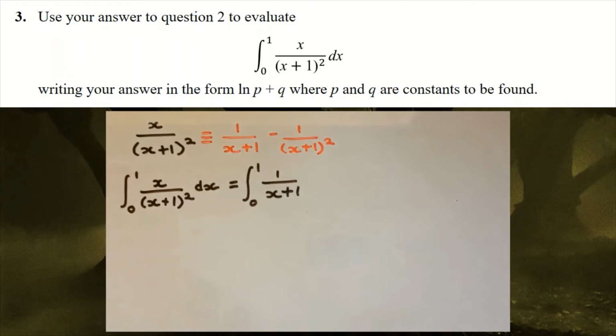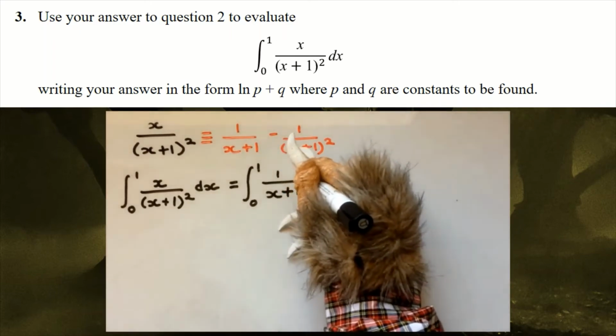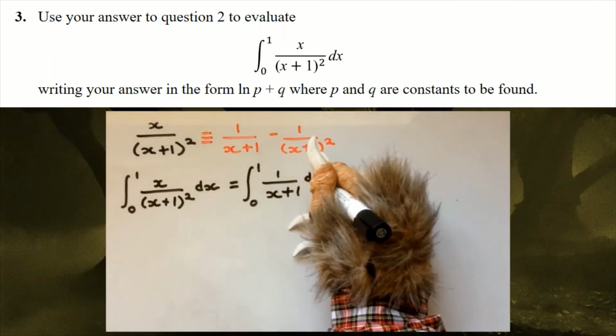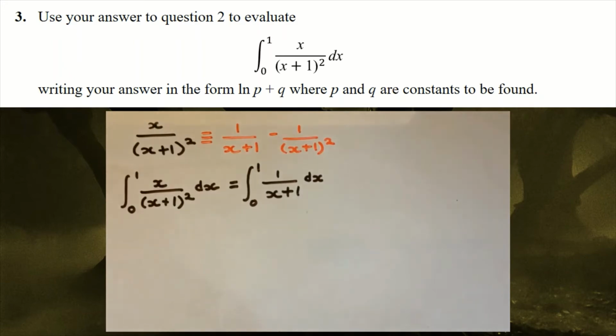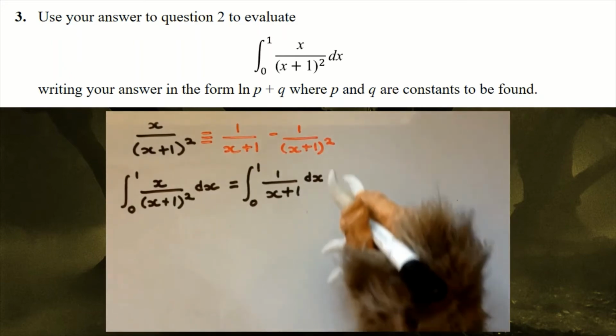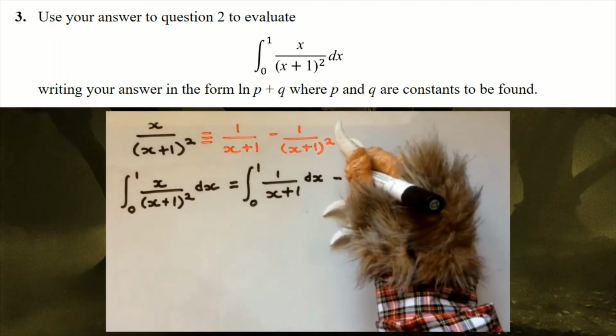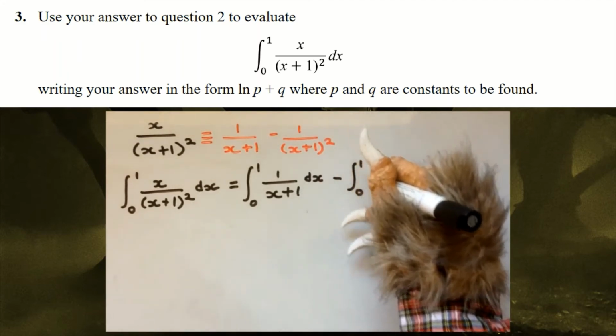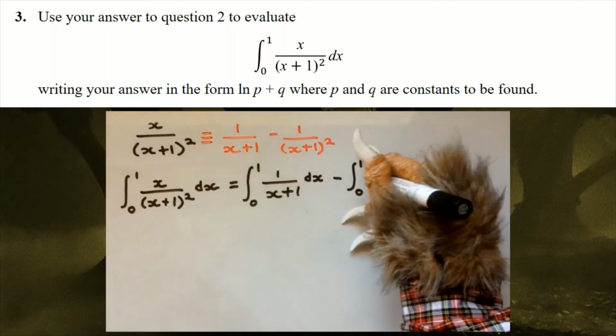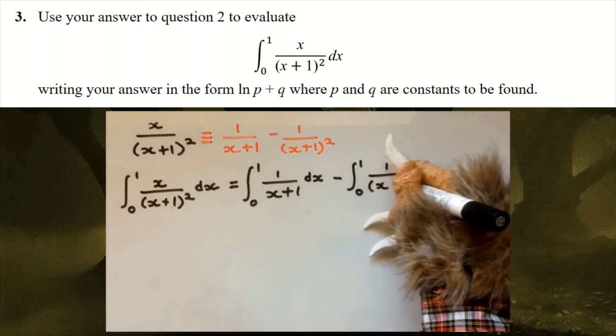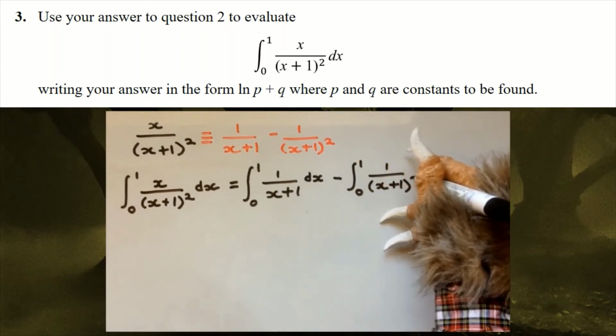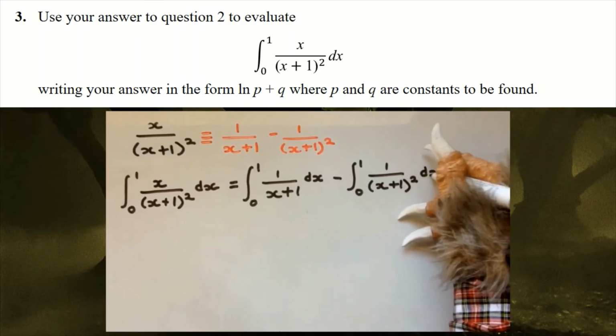Now I'm going to split the integrals up, because we've used this in previous lessons and it will just save time in the working out. So I've got 1 over x plus 1 integrated with respect to x, so that's dx, and then subtract the integral from 0 to 1 of 1 over (x plus 1) all squared dx.